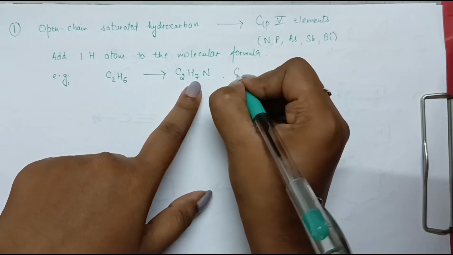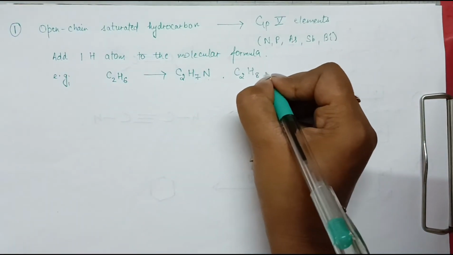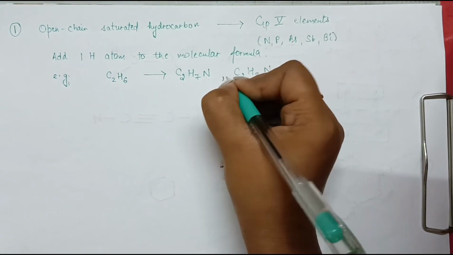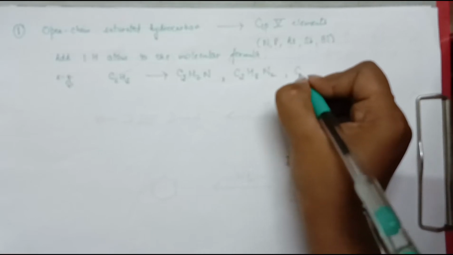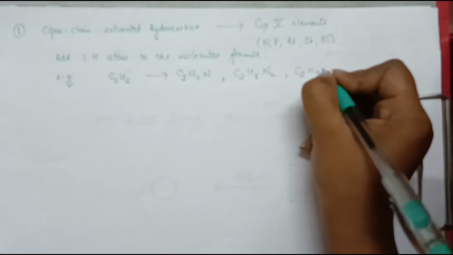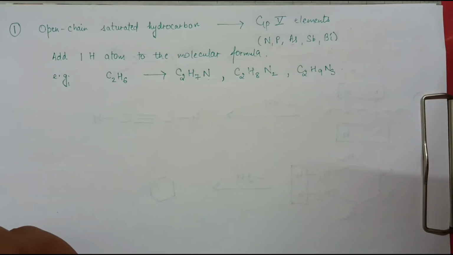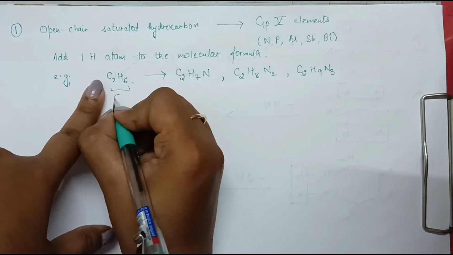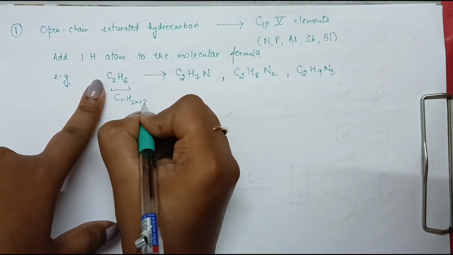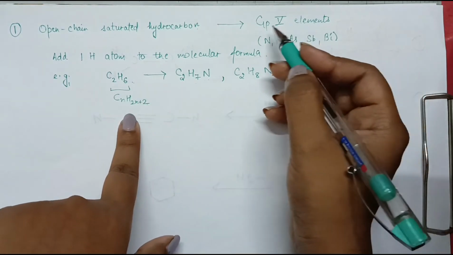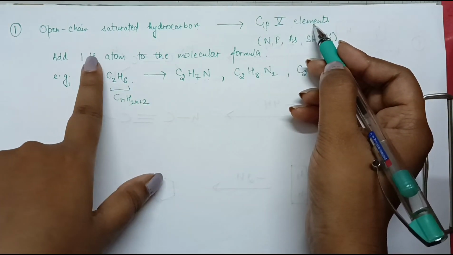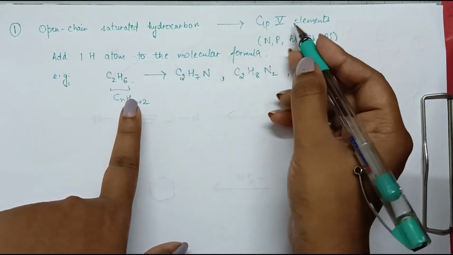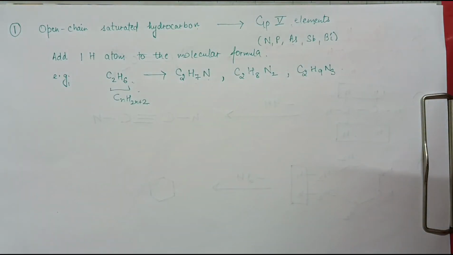Another example could be C2H8N2 if we want to add two nitrogen atoms, also C2H9N3 if we want to add 3 nitrogen atoms and so on. So this is the first rule. If we have an open chain saturated hydrocarbon, having formula CnH2n+2, and we want to add a group 5 element, then we add one hydrogen atom and we can add one group 5 element with that.